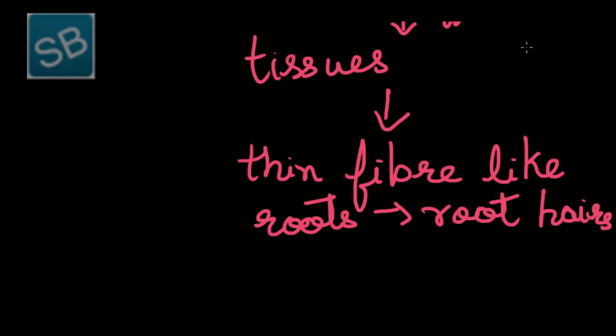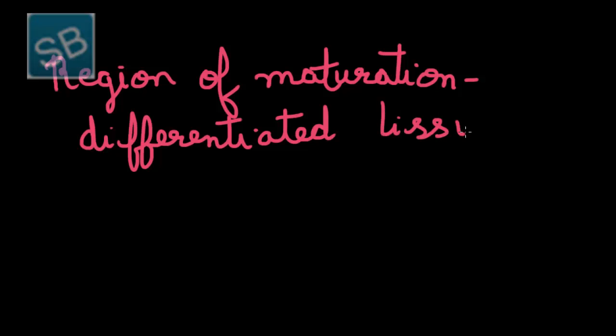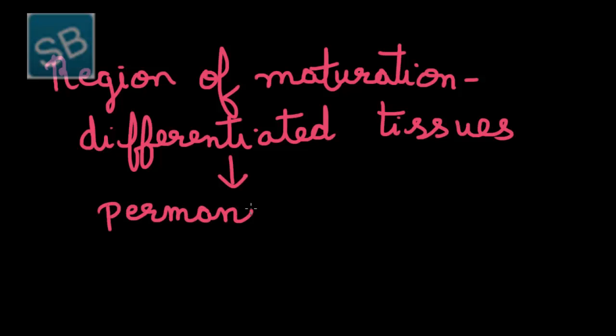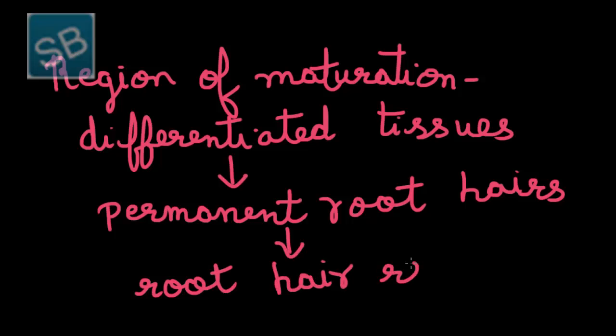Then comes the region of maturation, where the differentiated tissues form permanent root hairs, resulting in the development of the permanent root hair region.